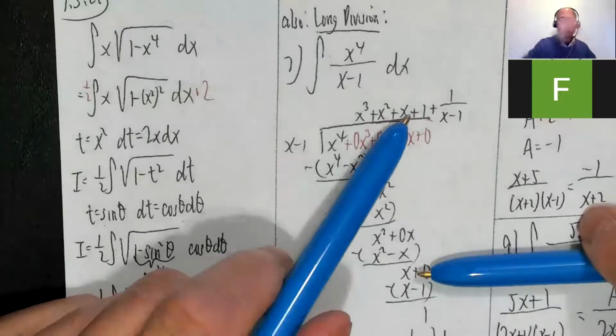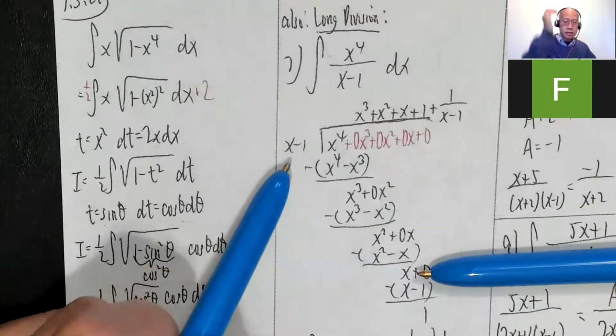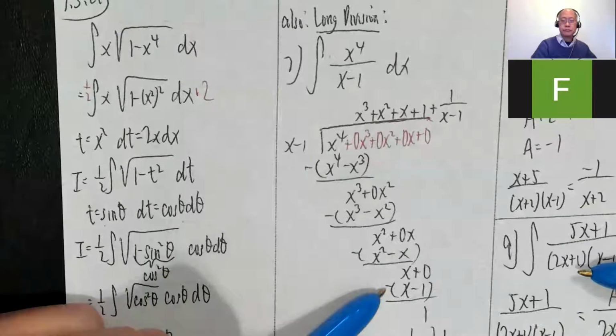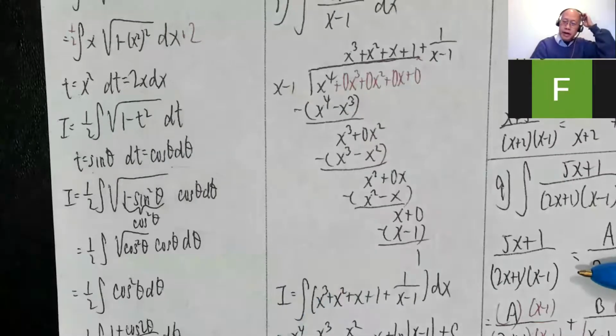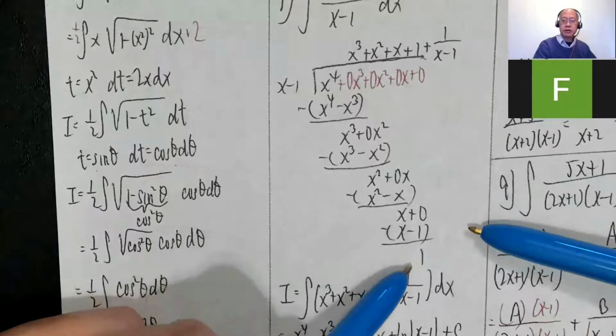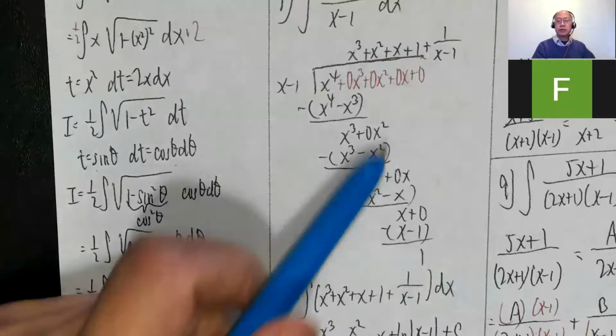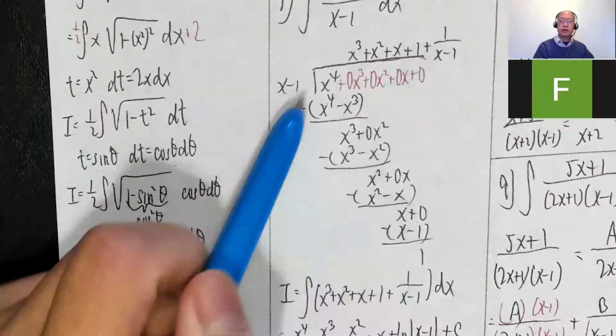Well, 1, so plus 1. Now 1 times this whole thing is just x minus 1. Subtract, x minus x is nothing, 0 minus a -1 is 1. So my remainder is 1, so I put plus 1 over the original divisor.